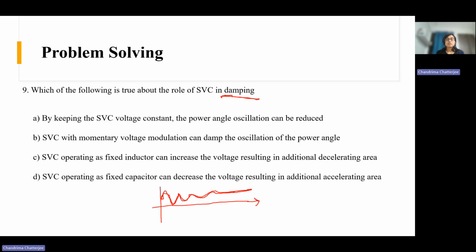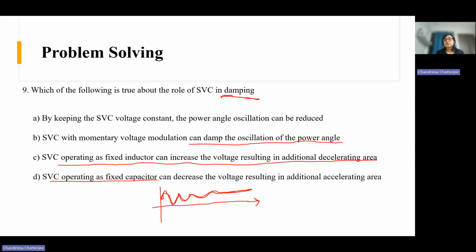So what are the options? By keeping the SVC voltage constant, the power angle oscillation can be reduced. SVC with momentary voltage modulation can damp the oscillation of the power angle. SVC operating as fixed inductor can increase the voltage resulting in additional decelerating area.